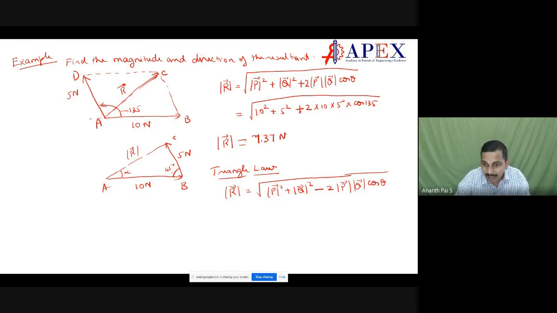This is triangle law. There is a minus here. Makes sense?